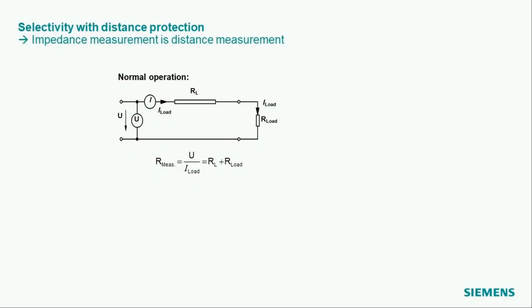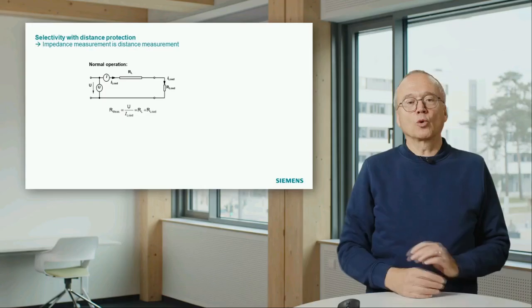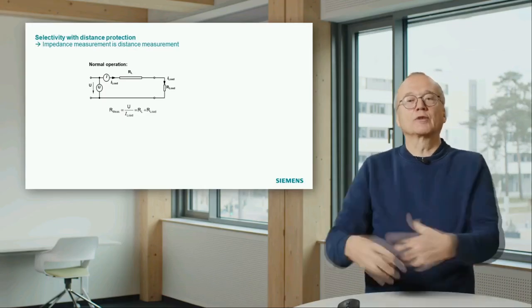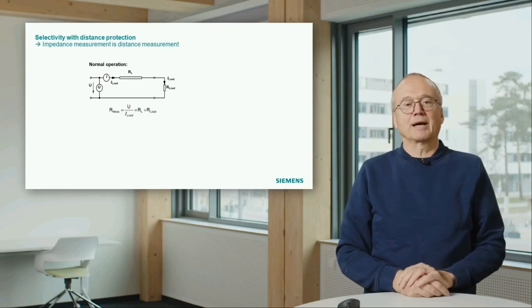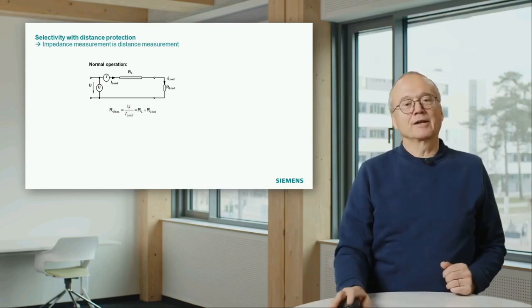And in normal operation, if we measure the voltage and the current and divide the voltage by the current, we measure a pretty high resistance of the line plus the load resistance, which is an equivalent for the rest of the system behind that. It's a pretty high value.